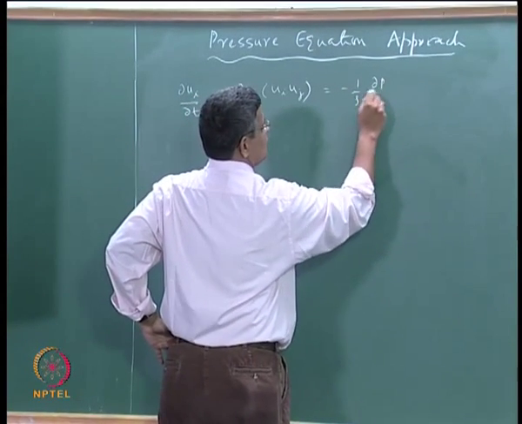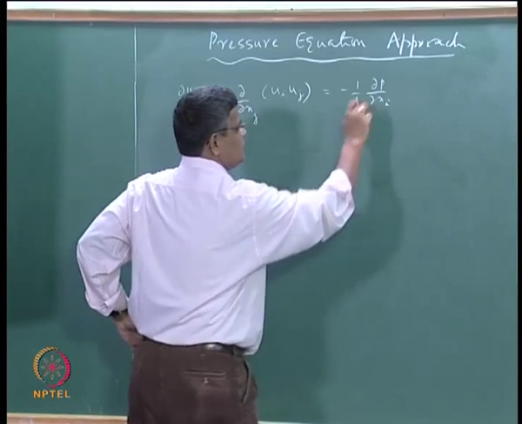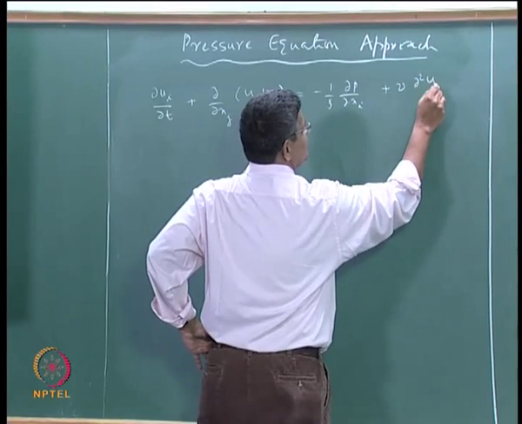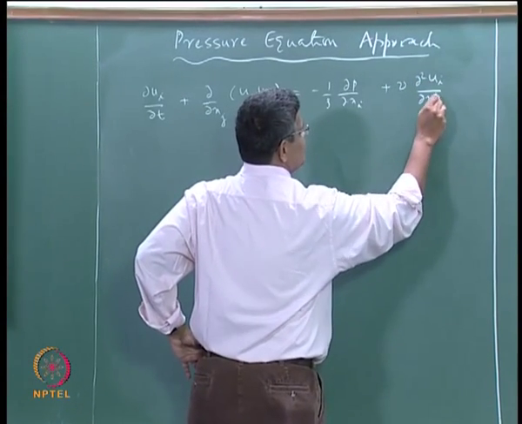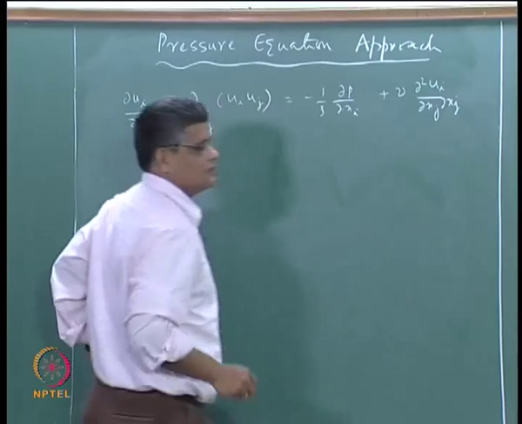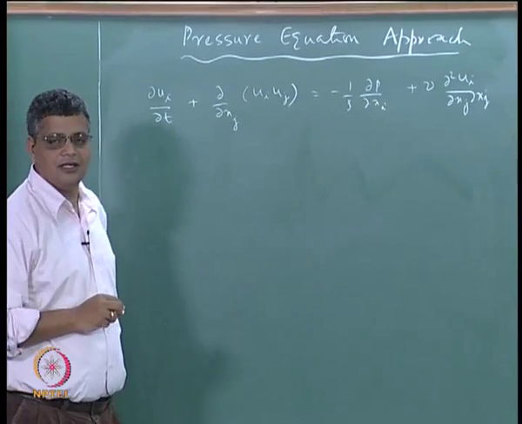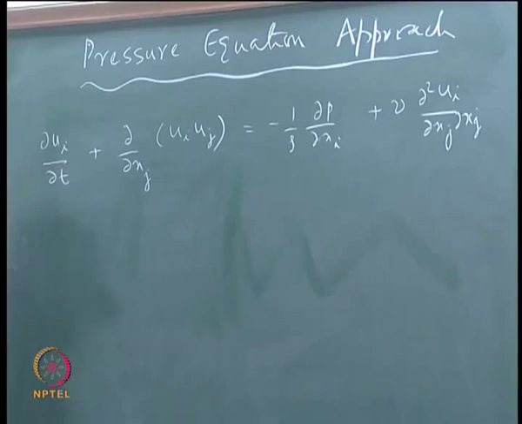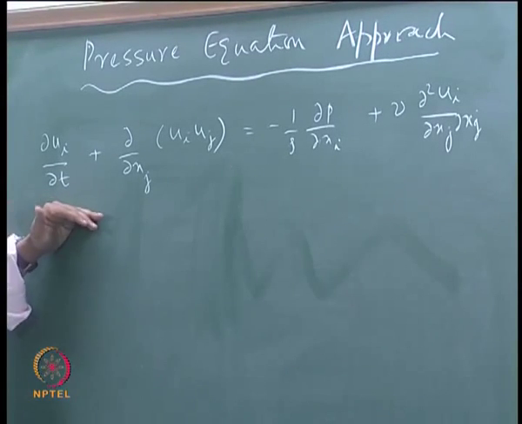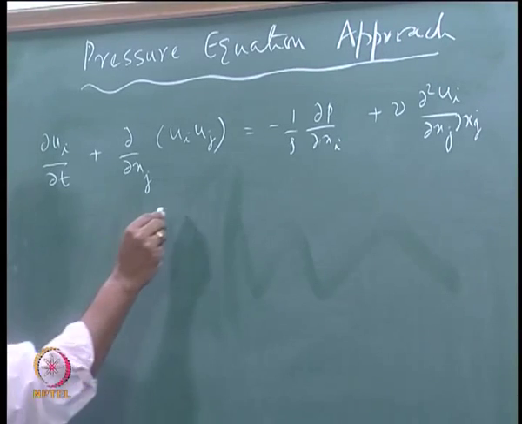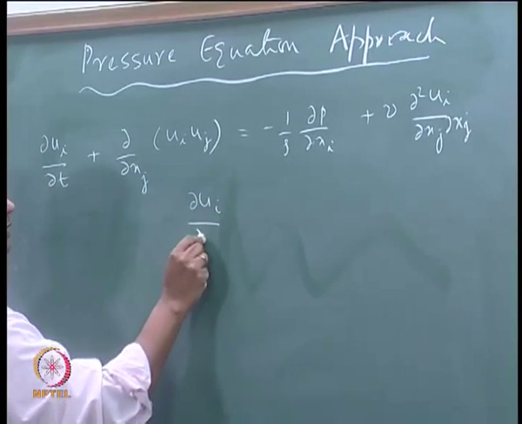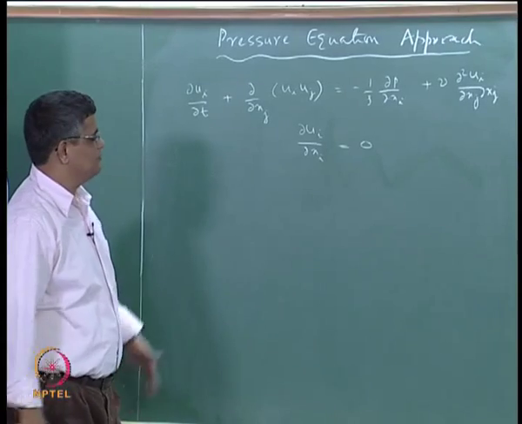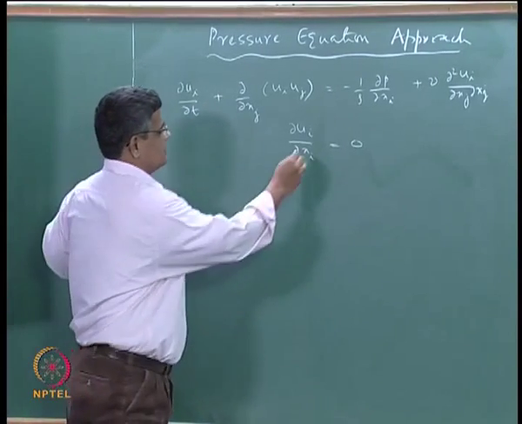We have left out gravity, it is not a big problem, so we will just use these equations. These are the three momentum equations, and we have ∂ui/∂xi equal to 0 as the continuity equation. So these are the equations that we want to solve.